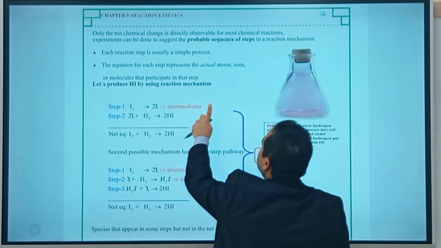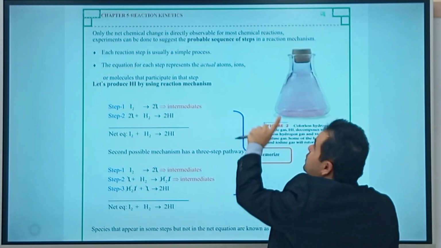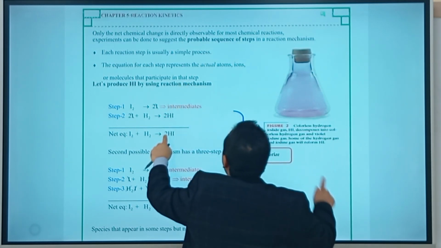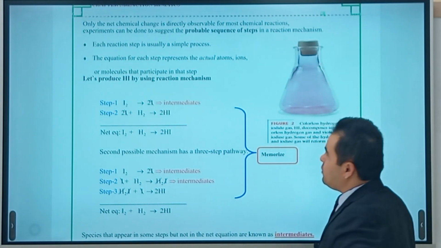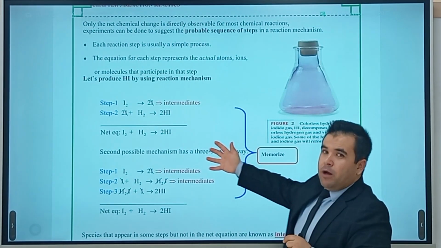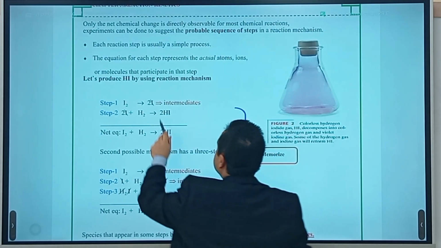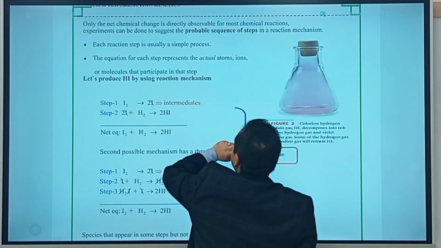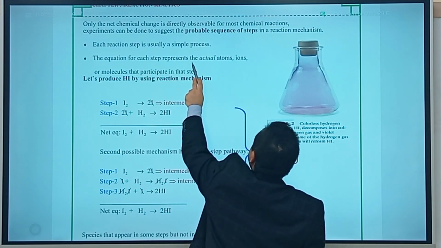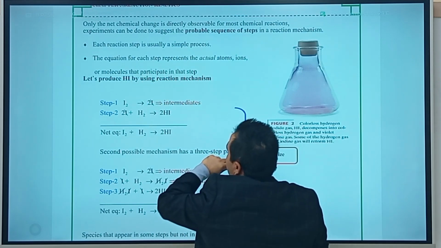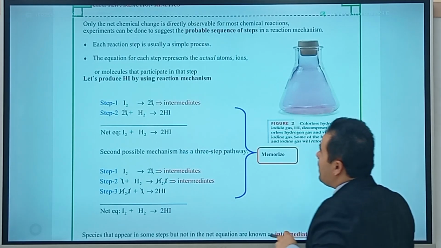Only the net chemical change is directly observable for most chemical reactions. Experiments can be done to suggest the probable sequence of steps in a reaction mechanism. We will be talking about those experiments. We have two mechanisms. Each reaction step is usually a simple process, and the equation for each step represents the actual atoms, ions, or molecules that participate in that step.